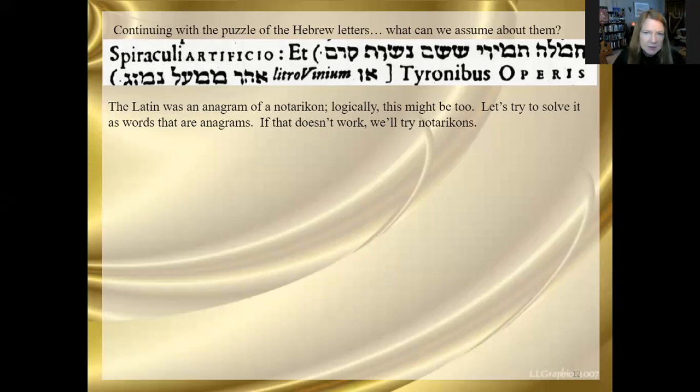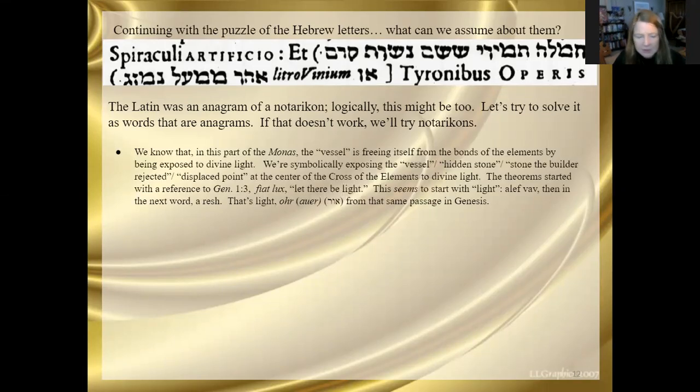First thing we'll do is see if we can solve it as anagrams within the context we know we have, that'll be helpful. And if that doesn't work, we'll try notaricons. So we know, those of you who have been studying along with me all these months, what is going on in this particular part of the monad: the vessel, this human, is freeing itself from the bonds of the elements by being exposed to divine light.